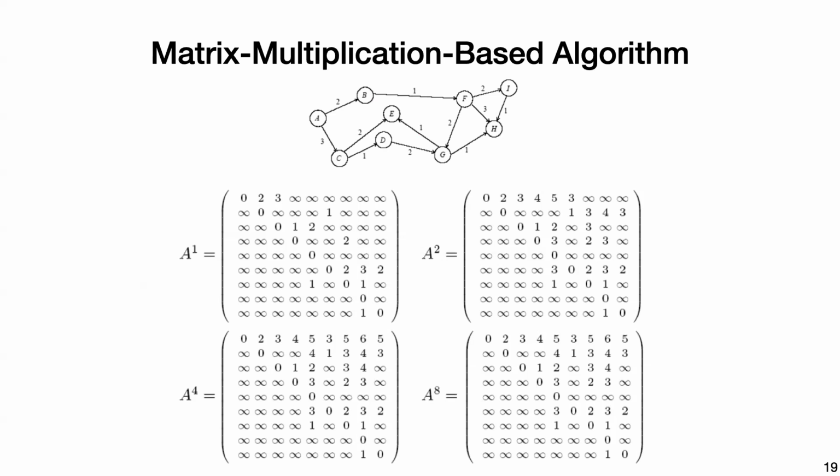To reduce the number of multiplications, we could do a times a up to n, but that would take n multiplications. Actually we want log n multiplications. So you do a squared, then a squared times a squared is a4, a4 times a4 is a8, and here there are 8 vertices, so you're done.